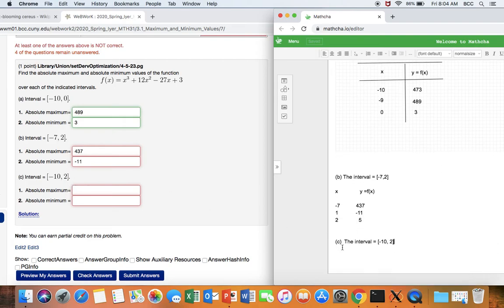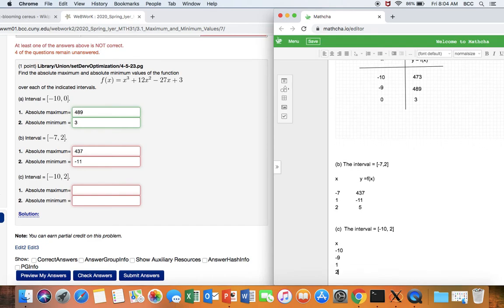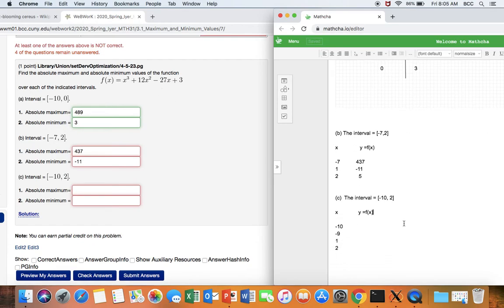So my x values will be the left endpoint, negative 10, negative 9, that's a critical number, 1, which is a critical number, and 2, that is the right endpoint. Okay, and my y is, substitute these x values in my original function, and I have already done that calculation.